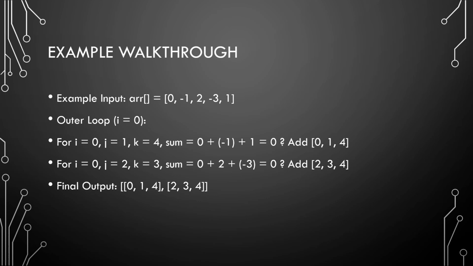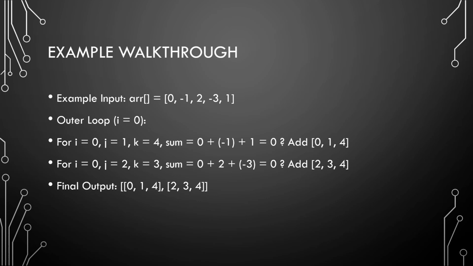Let's walk through an example with the array with elements 0, -1, 2, -3 and 1. First, the outer loop picks i equals 0, the middle loop picks j equals 1 and the inner loop picks k equals 4. The sum of the elements at indices 0, 1 and 4 is 0 plus -1 plus 1, which equals 0. So we add the triplet 0, 1, 4 to the result.